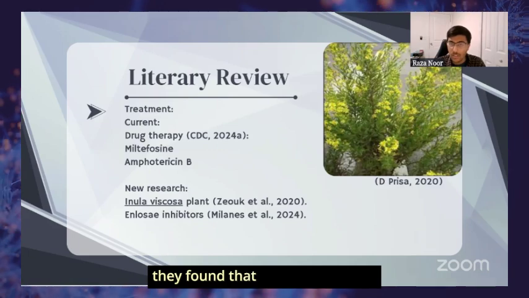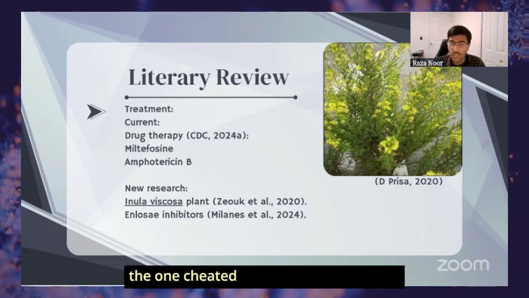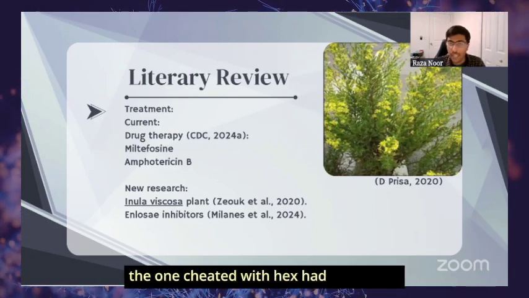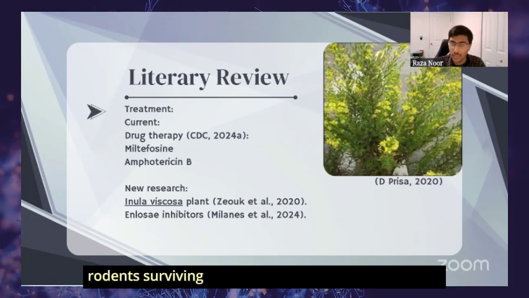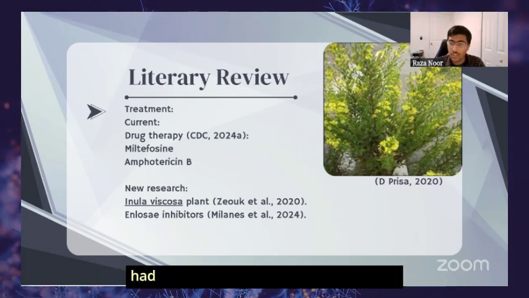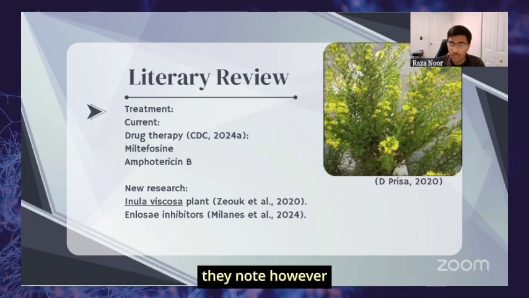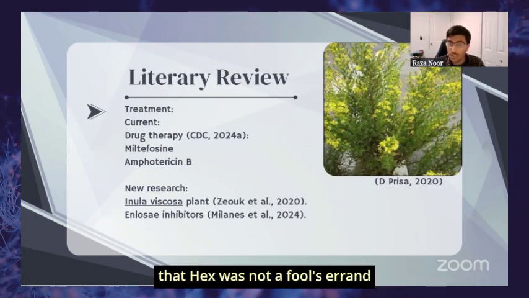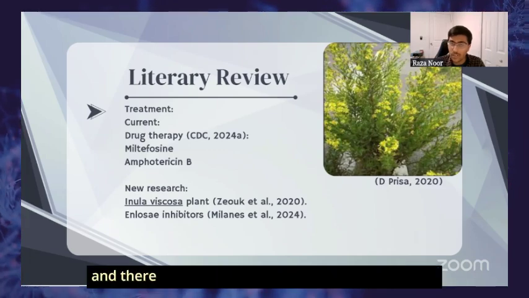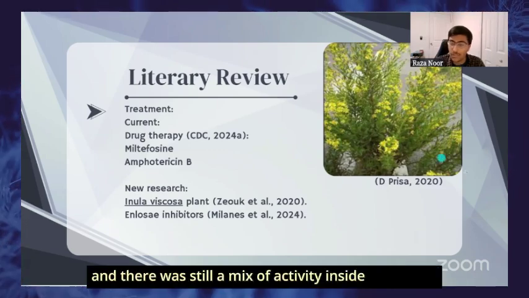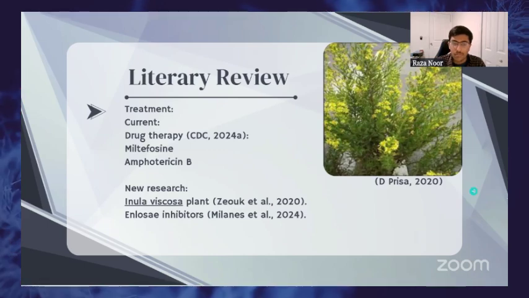They found that in the two groups, the one treated with HEX had 8 of 12 rodents surviving, while the one that was not treated had only 1 out of 12 rodents surviving. They note, however, that HEX was not a full cure, it only increased the chance of survival, and there was still amoebic activity inside of the rodents.